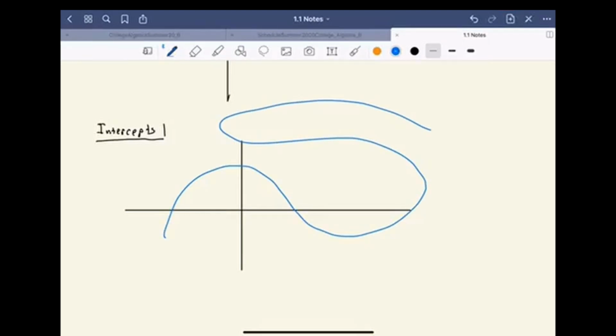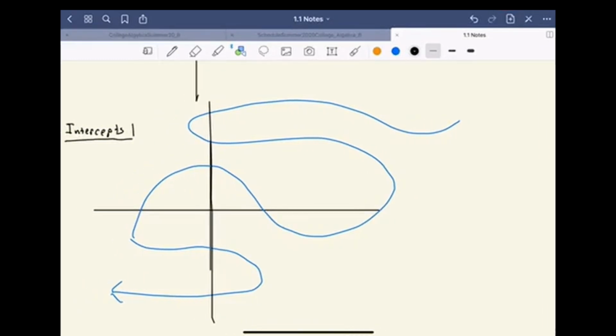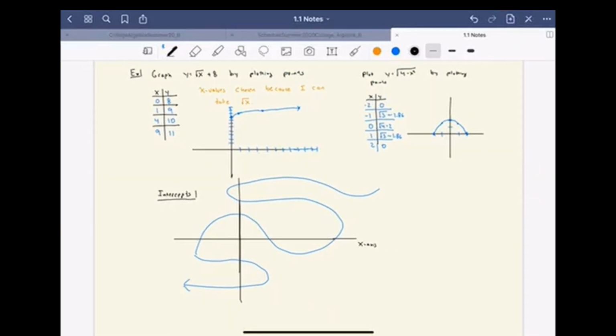Let's even make it really crazy. So, what do we have? Well, here, this is the x-axis, and here we have the y-axis.